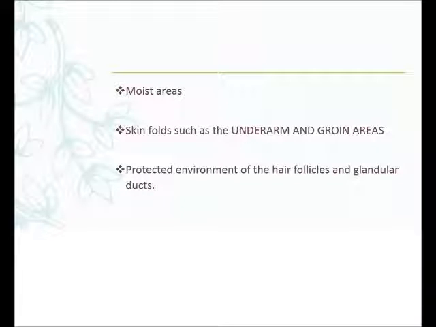These studies showed more dense microbial populations in moist areas, skin folds such as the underarms and groin areas, and the protected environment of the hair follicles and glandular ducts. Published data from the Human Microbiome Project have brought some surprises. However, some general observations about the skin microbiota are as follows.